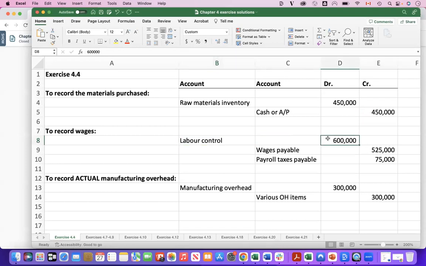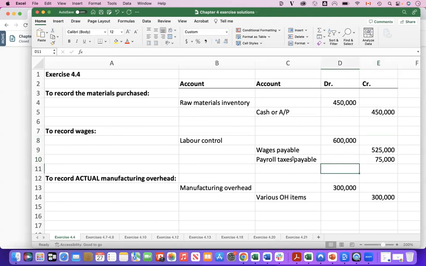Of this $600,000, it was stated that $75,000 made up payroll taxes incurred. That you would want to separate out from wages payable. So notice we have a line item for wages payable for $525,000, which is simply the difference between the $600,000 incurred and the $75,000 withheld that has to be remitted for federal taxes, for payroll taxes, I should say.